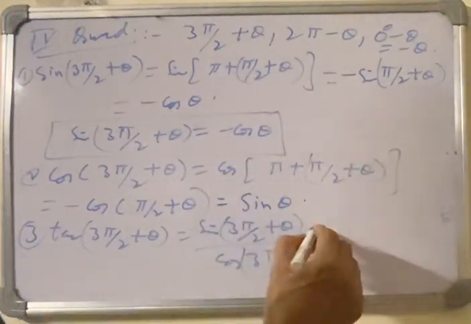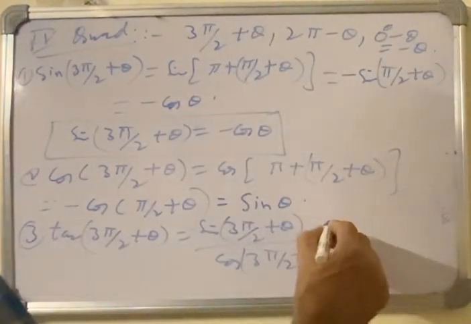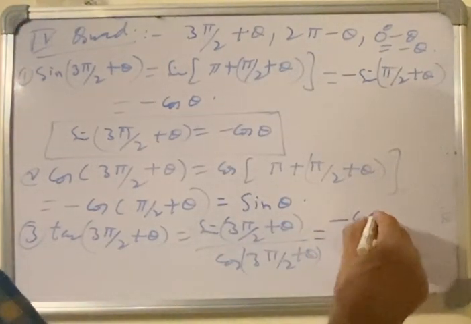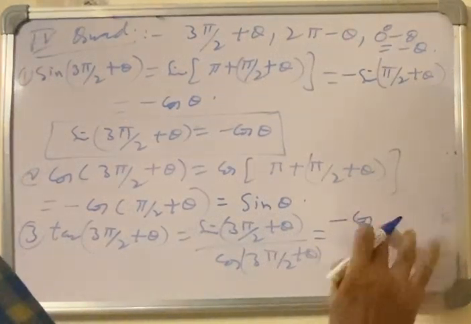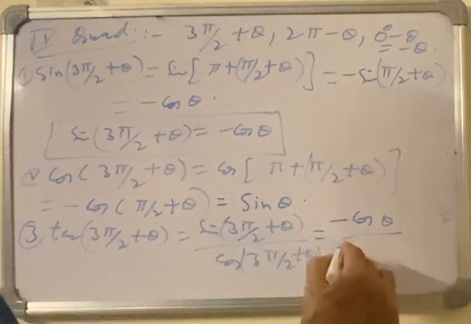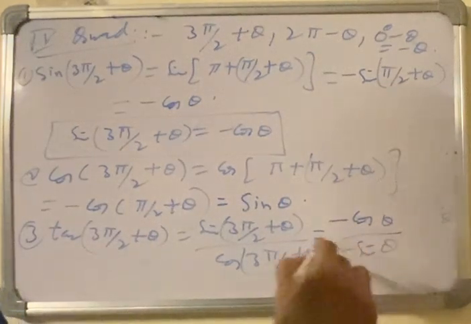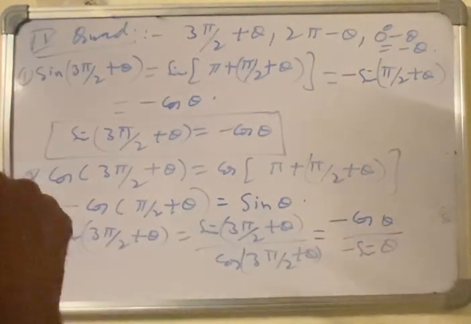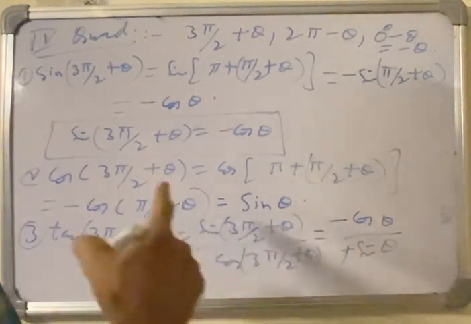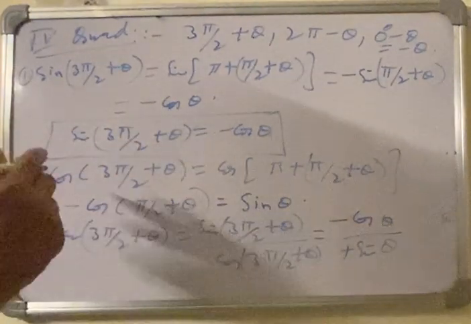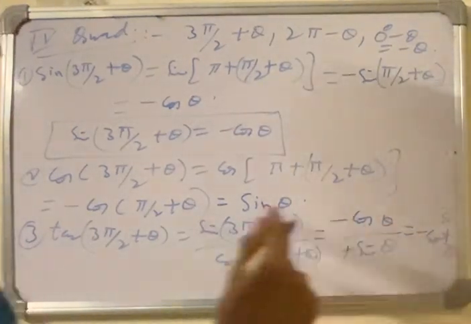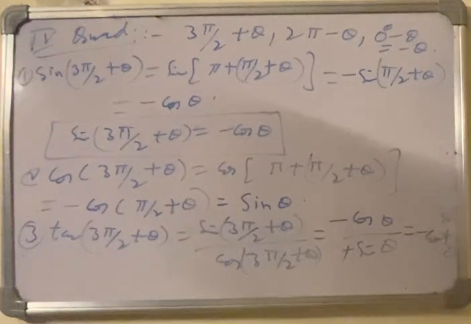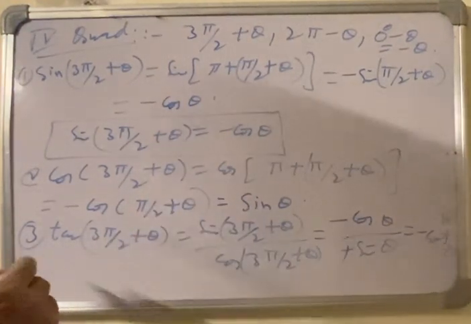Now, this is minus cos theta over plus sine theta, so this is minus cot theta. Tan is negative in fourth quadrant in case of angle 3 pi by 2 plus theta, and it changes to cot.